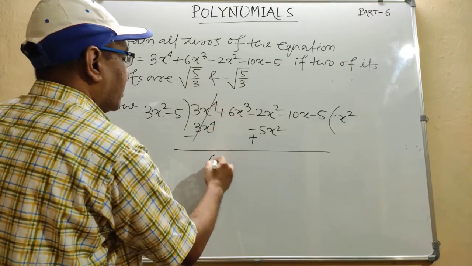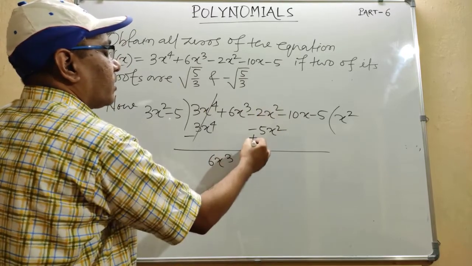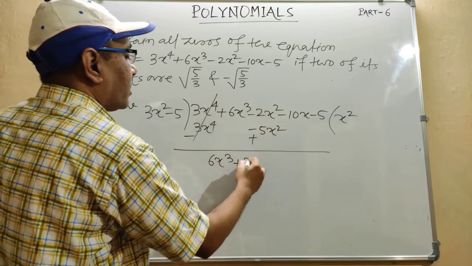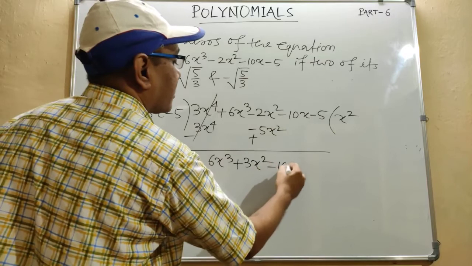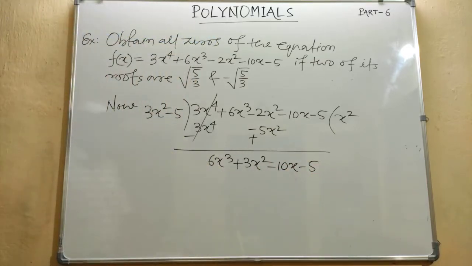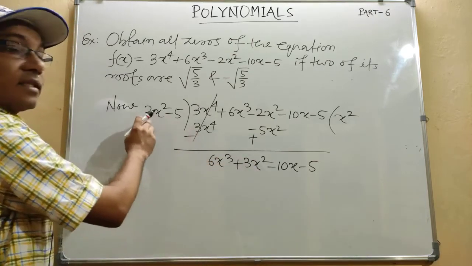This we write 6x cube minus 2x square, now it becomes plus 5x square. So plus 3x square minus 10x minus 5. This will be your remainder. Now we divide this once again by this.